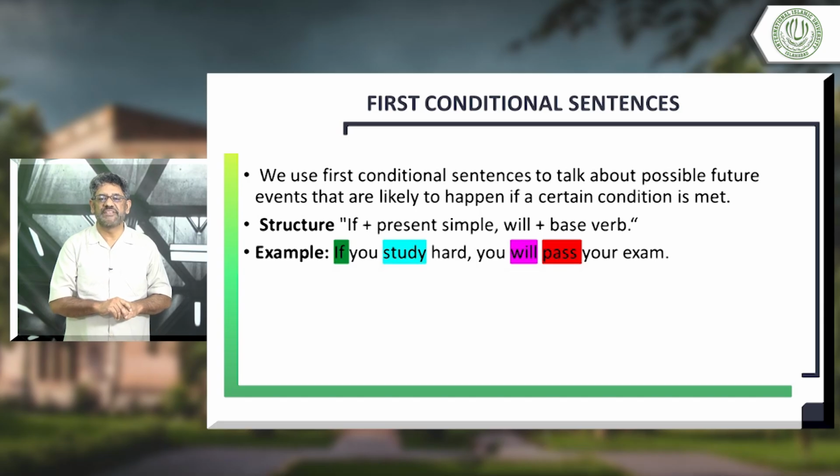You see, this is talking about possible future events that are likely to happen. They may happen like these in future. Okay, this is the difference. Please differentiate this from the zero conditional. It is very important. Move on to the next slide.